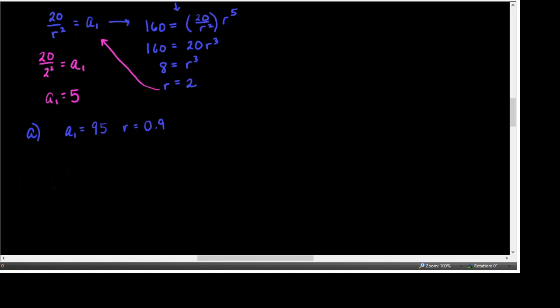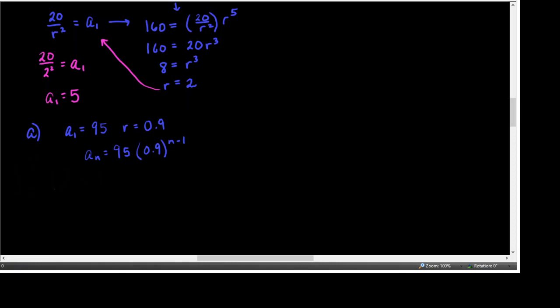Okay, so with that information and knowing that it's geometric, that says that a sub n will be a sub 1 times 0.9 raised to the n minus 1. Okay, so that's the formula that gives the percentage of putts that pros make at distance n.